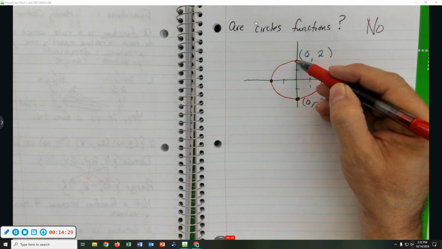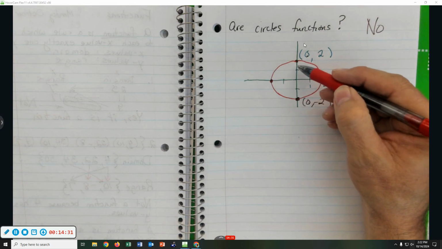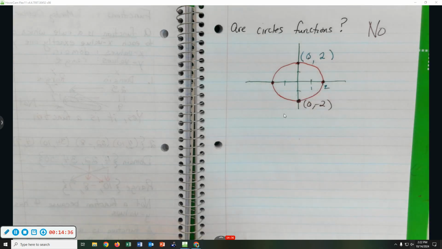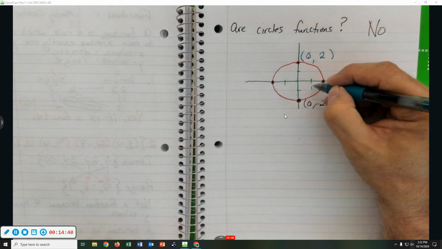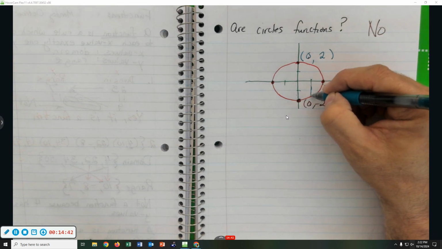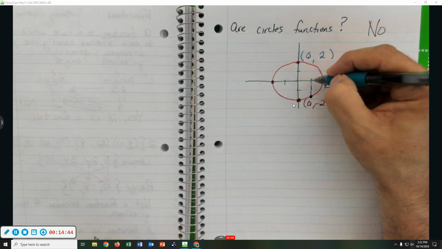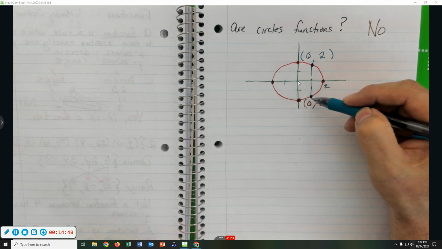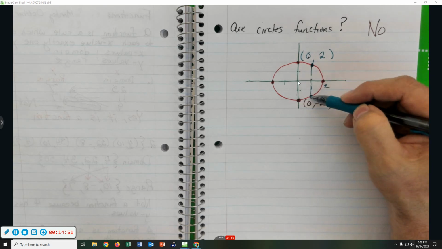Even if this y-axis wasn't passing through the middle of a circle, if you can draw a vertical line so that it hits the graph twice, then it's not a function. You draw a line right there, passing through 1, it hits there, and it hits right there. These 2 points have the same x value.